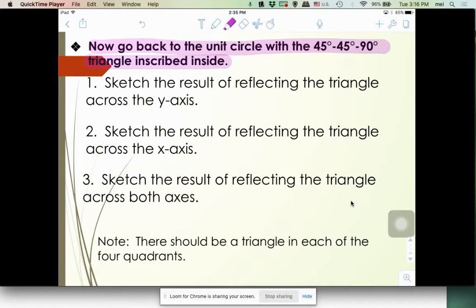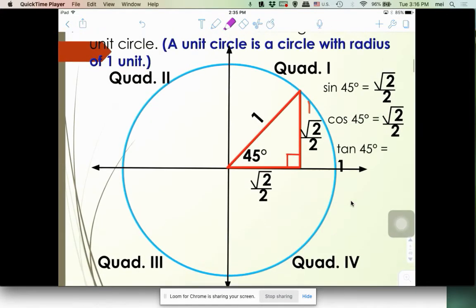We're going to go back to the unit circle and inscribe the triangle by reflecting it across the y-axis. Now the circle is clean. Let's draw the y-axis. This is the y-axis. We're going to reflect that triangle across to the other side. So it should look something like this.